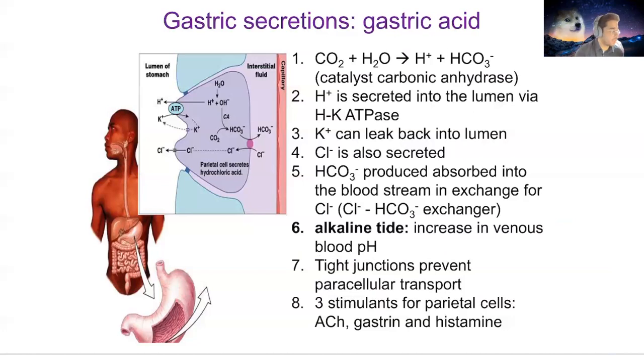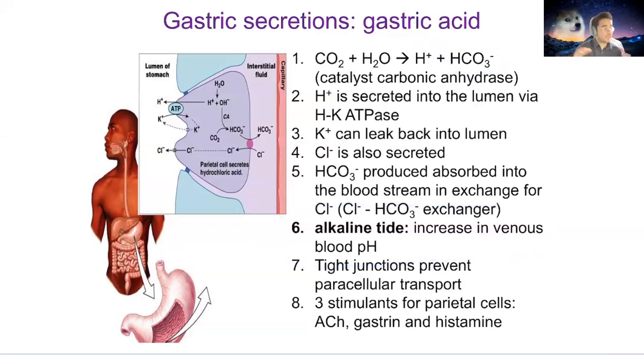It's an increase in venous blood pH because it makes sense. Whenever you're doing any sort of acid-base balancing, bicarb has to go somewhere. It can't just hang out with your H+ ions, because remember, your parietal cells have to use these H+ ions to create hydrochloric acid, right? So your blood has to take up some of this bicarb and you become a little basic.